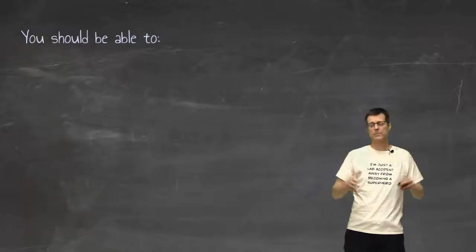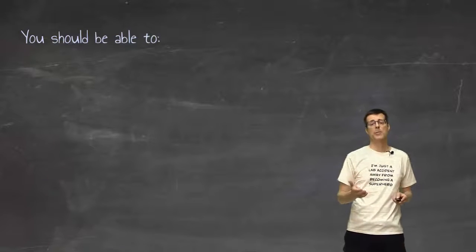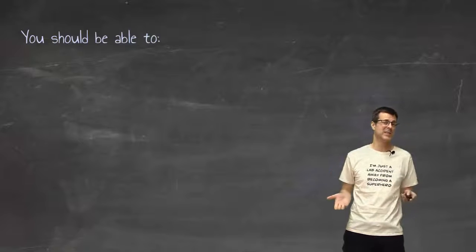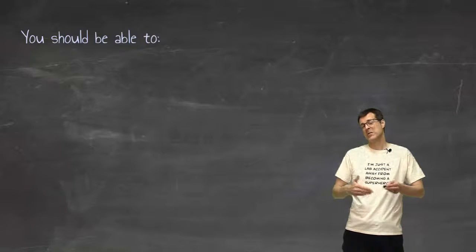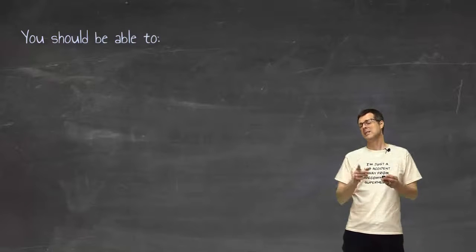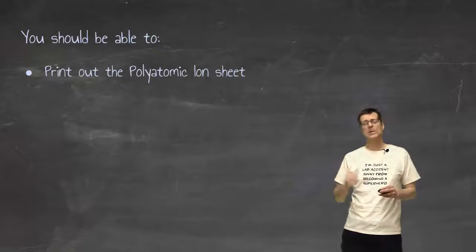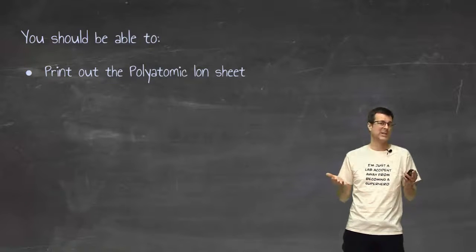Okay, at this point, there's a few things that we should be able to do. Number one, you've got a lot of practice pages. If you haven't done any of those practice pages, or haven't done much of those practice pages, or haven't done much nomenclature practice for a while, that's the thing we should probably be doing. However, get the polyatomic ion sheet. Really, it's not that hard.